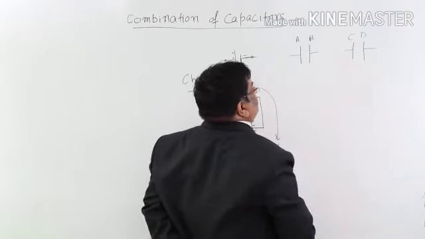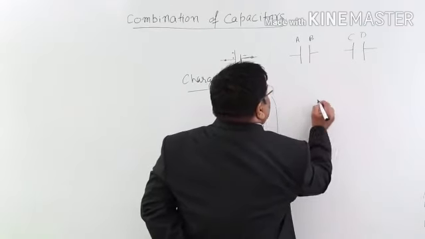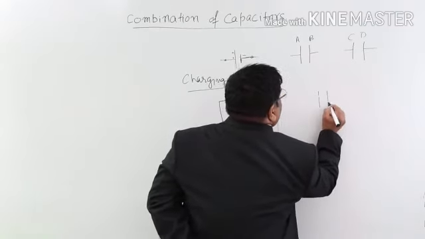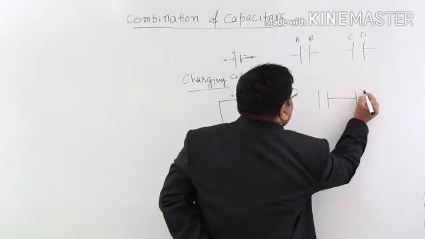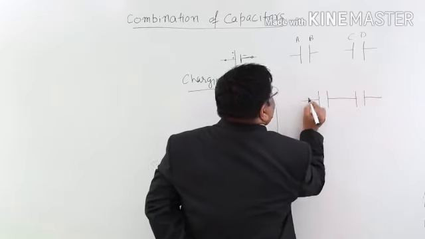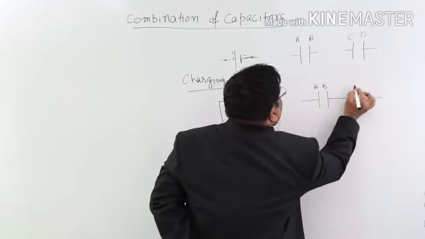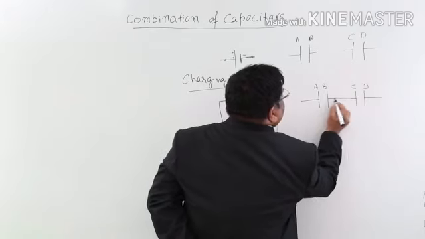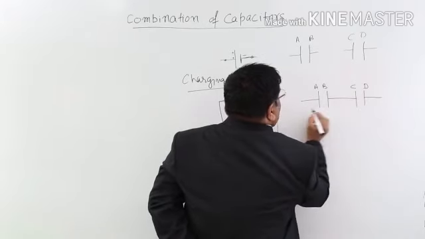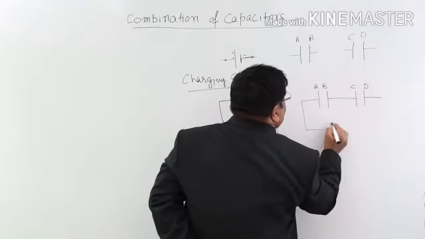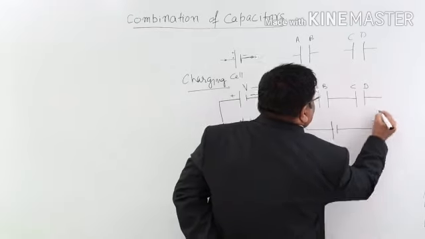There are two methods to combine them. One is this: this is AB and this is CD. B is connected with C, one plate, and then we put a battery here.